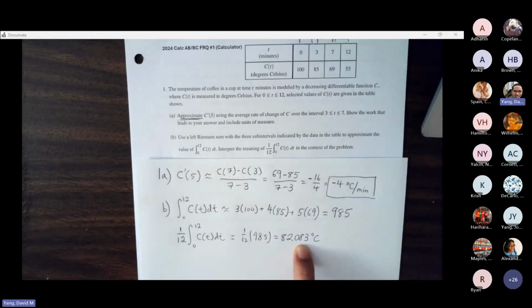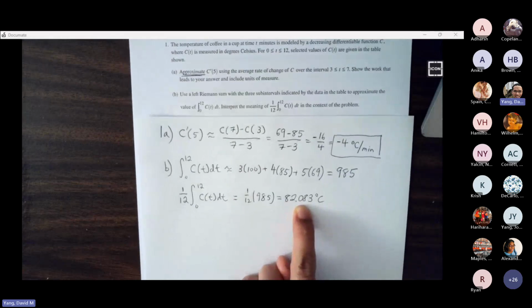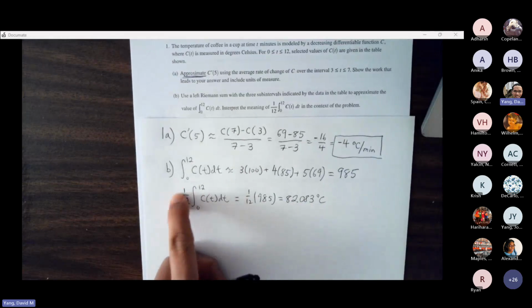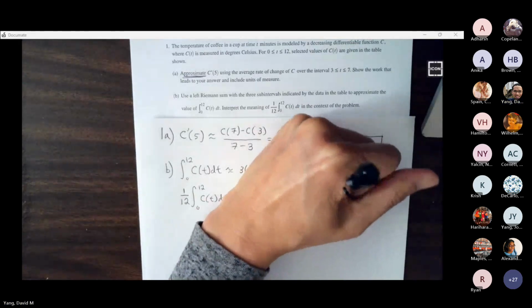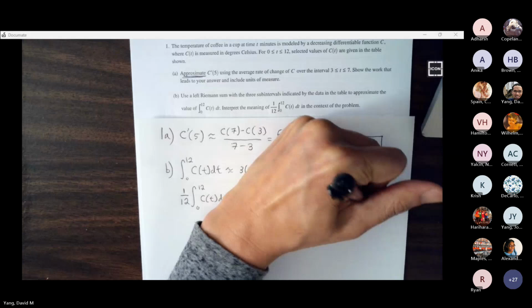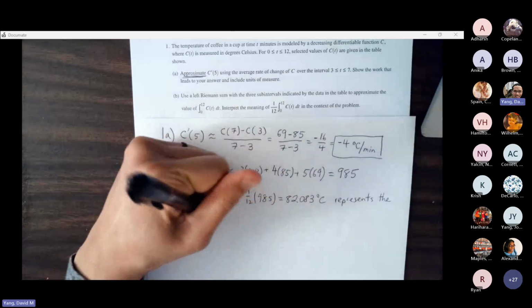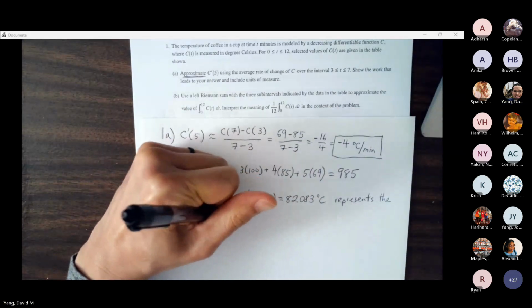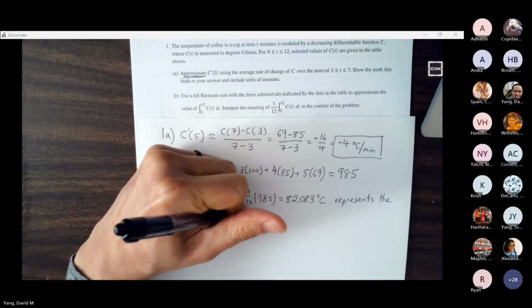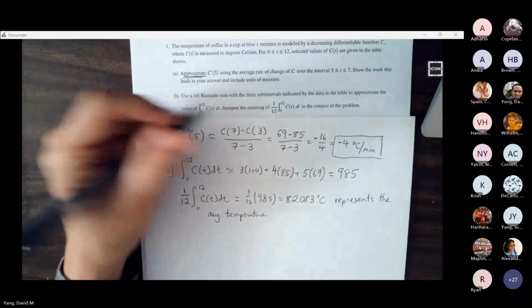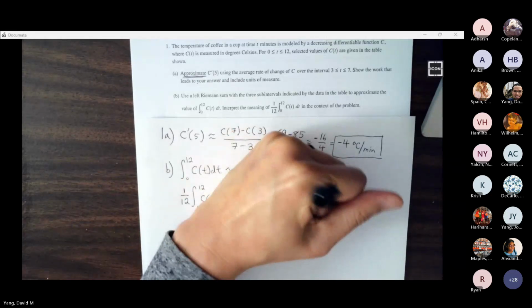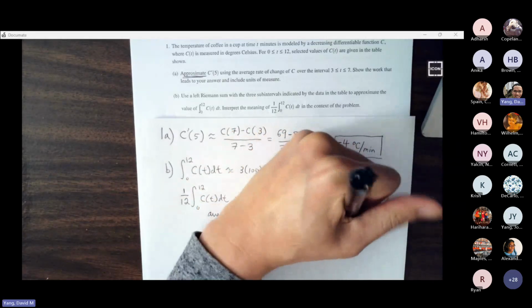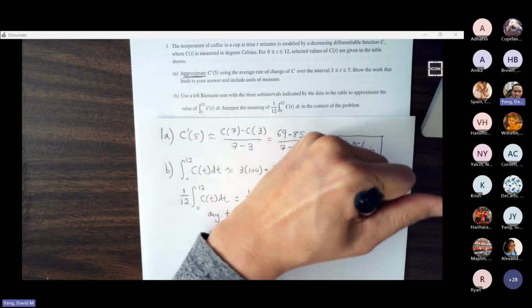I know they're not asking for it, but just to connect with the idea that this is the average value theorem, this represents the average temperature in degrees Celsius over this 12-minute period.